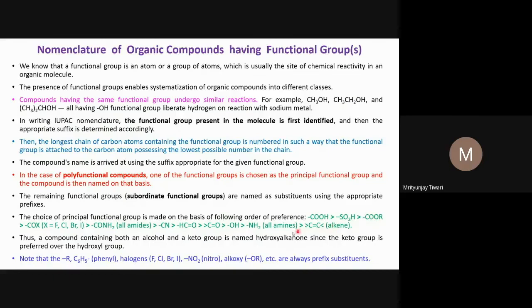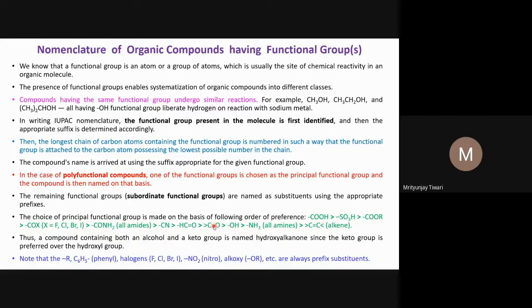And for this, let's finish. Then the CN, then aldehyde, then ketone, then OH, then NH2 group. OH means alcohol, then amines, and this means all amines, the primary, secondary, tertiary amines, and then double bond, which is alkene. Thus, if a compound contains both an alcohol and a keto group, the keto group is more reactive than alcohol, so it gets more preference.